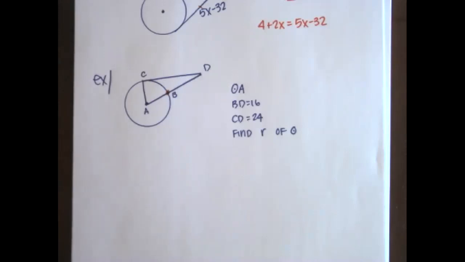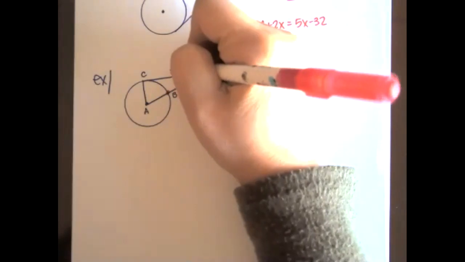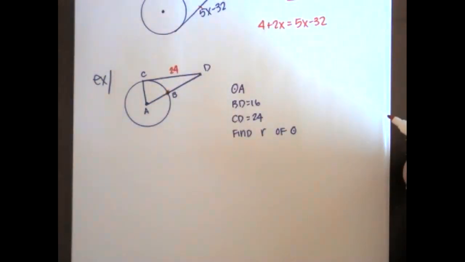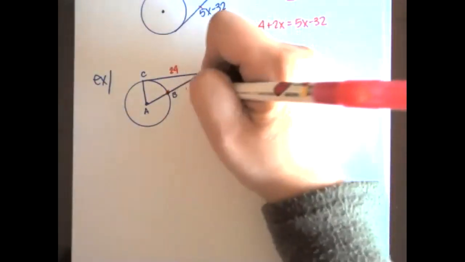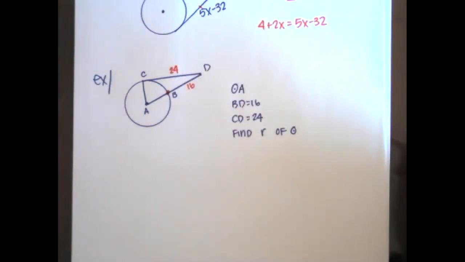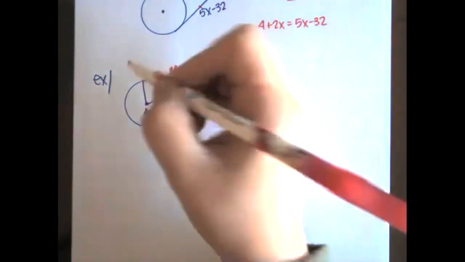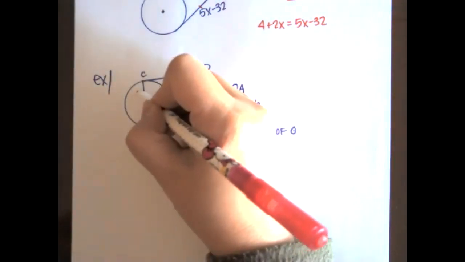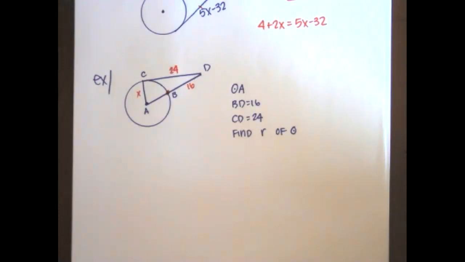Okay, so this problem, let's label everything that we have. So we have 24. We have BD is 16. And we're trying to find the radius. Radius always comes from the center of the circle to the actual circle. We'll call it X. So AC is a radius.